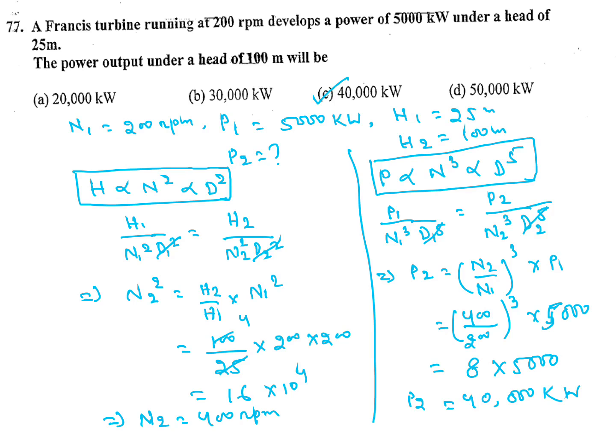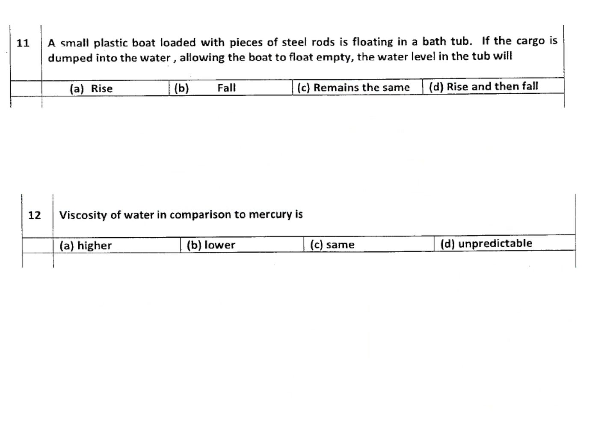A small plastic boat loaded with pieces of steel rods is floating in a bathtub. The cargo is dumped into the water, allowing the boat to float empty. The water level in the tub will be how much? This one was already discussed. You can do this experiment in your bathroom.